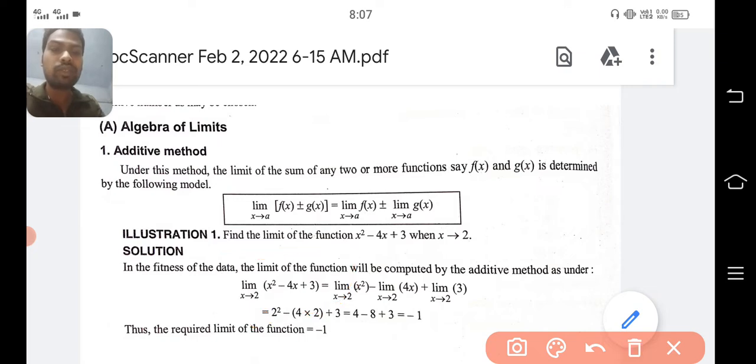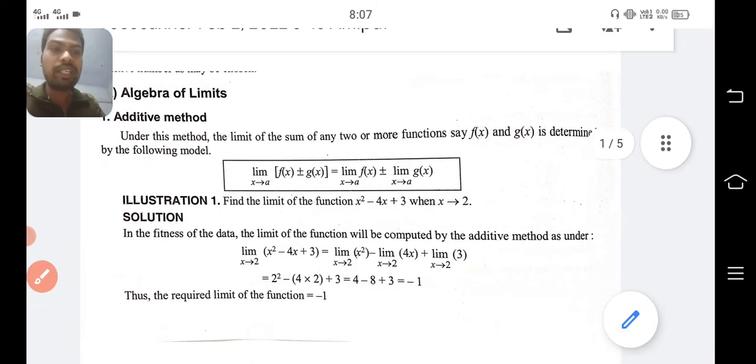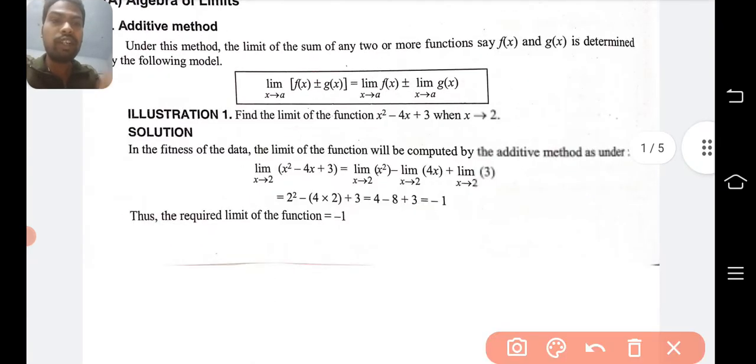So the limit as x tends to 2 of x square, minus, since the minus sign is given, the limit as x tends to 2 of the 4x term, plus, since the plus sign is given, the limit as x tends to 2 of the term 3. Here we have taken the separate limit of each term.